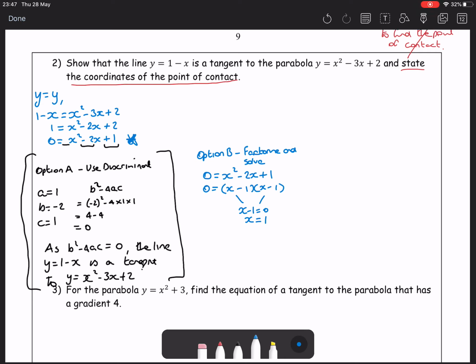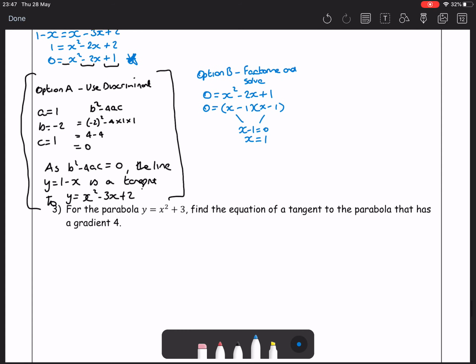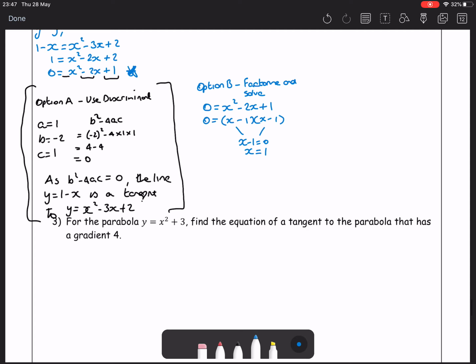So what I've found here is the x coordinate of the point of contact is 1. But the fact that I've also got to that stage and there's only a single solution, I've actually proved the first part of the question as well. So I've shown that the line and the parabola only meet at x is equal to 1 and at no other point. So I can actually communicate my answer and answer the first part of the question.